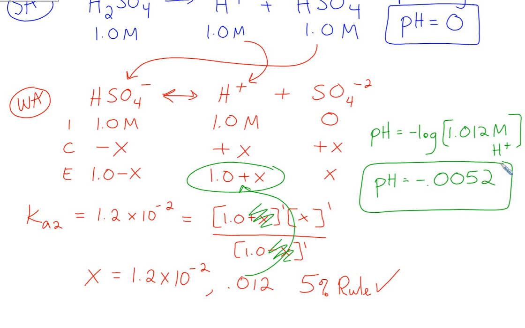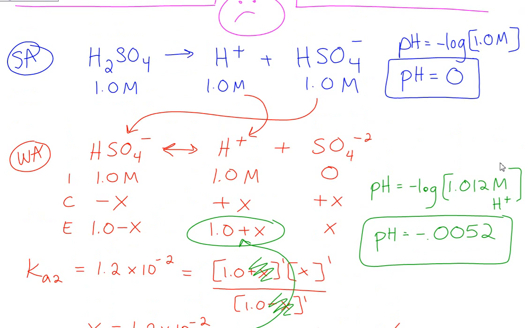Look at the comparison in pH values. If I compare these two, the amount of hydrogen we got from the second dissociation was virtually insignificant. It was so small. Did it change my pH? A little bit, but it was so small that, to be honest with you, make note of this.